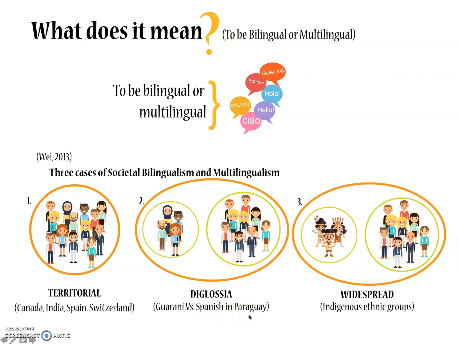And widespread multilingualism occurs when groups of people with a native language, such as indigenous ethnic groups, coexist with one or more languages of wider communication. An example of this here in Colombia is the Embera Chami community. The majority of these communities are highly multilingual.